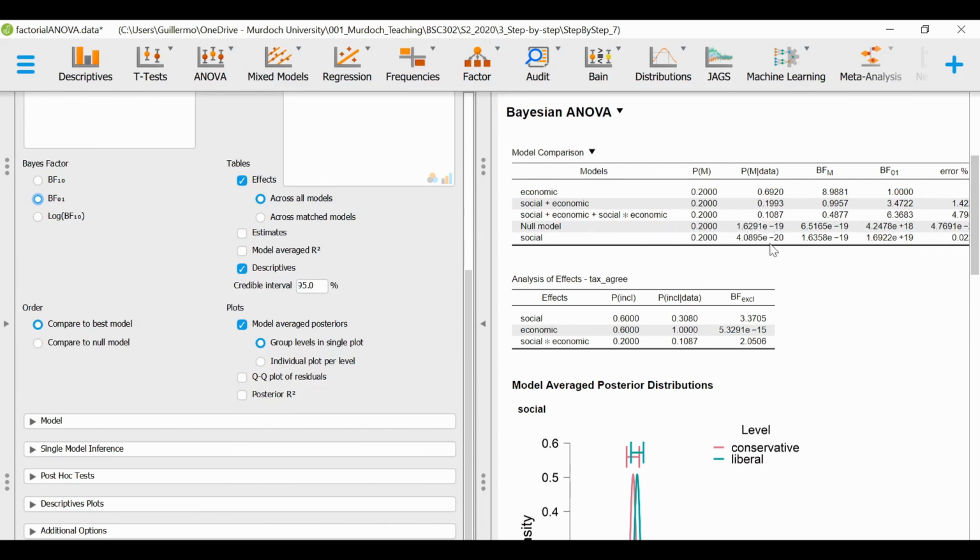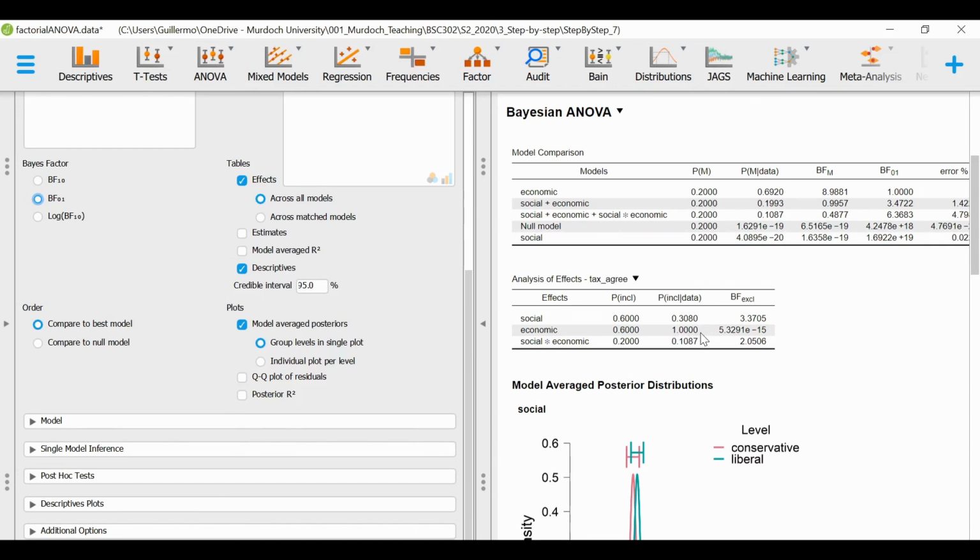In the models in which economic is not there, the probabilities are almost 0, so the sum of the other three is almost 1, and to at least 4 decimals the better approximation is 1.